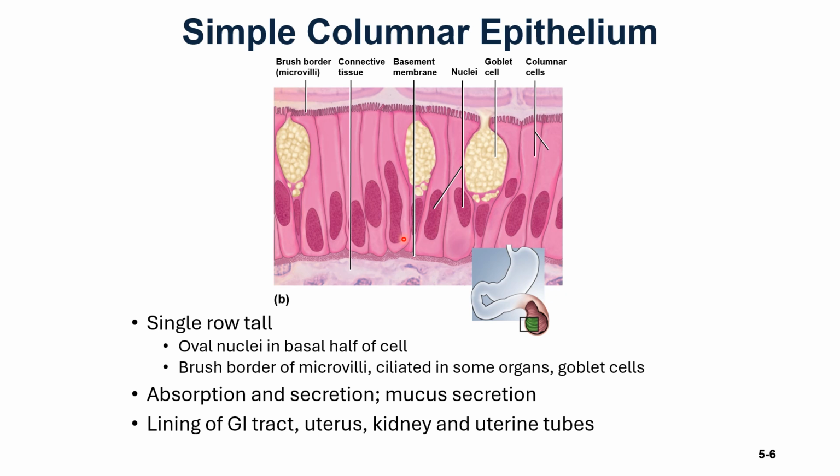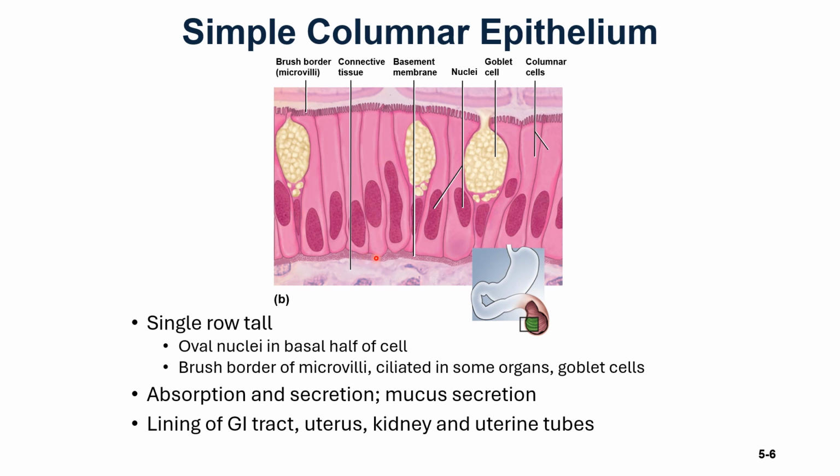Cells have an apical surface and a basal surface, which we discussed before. This is the apical surface of the cells, and this is the basal surface, which is towards the basement membrane.